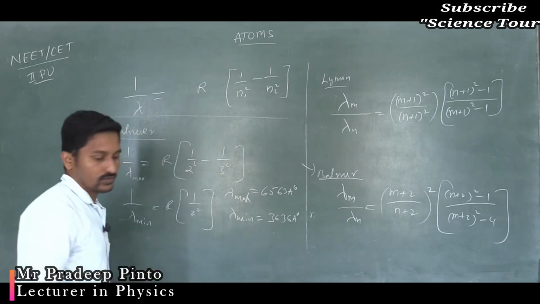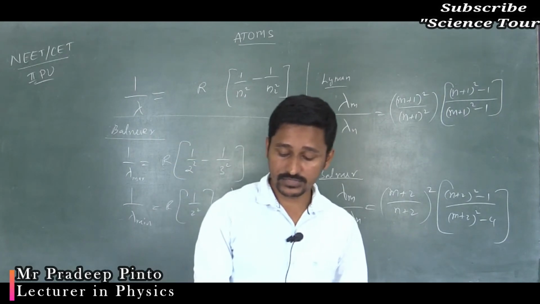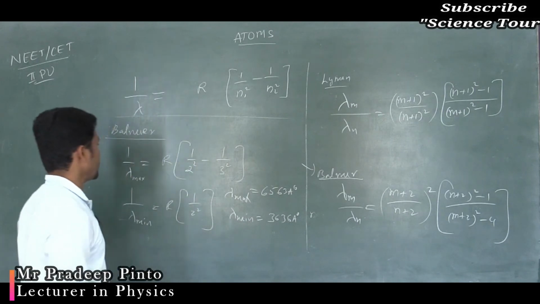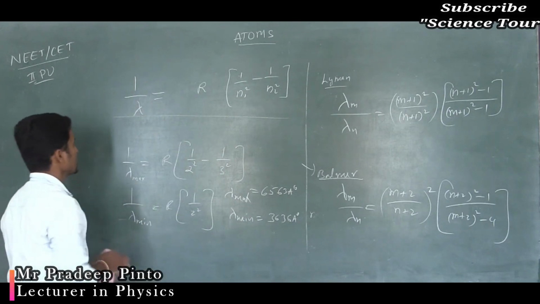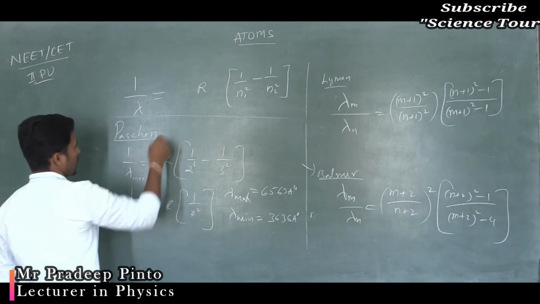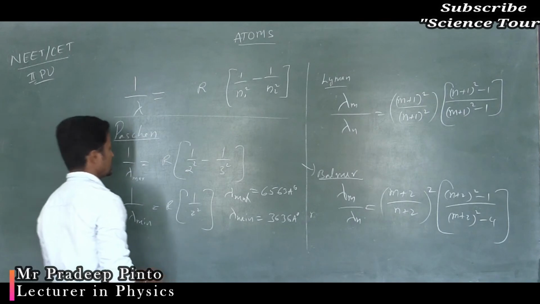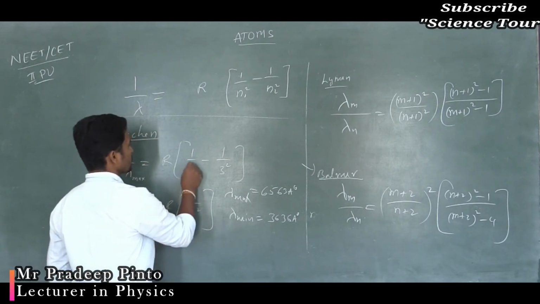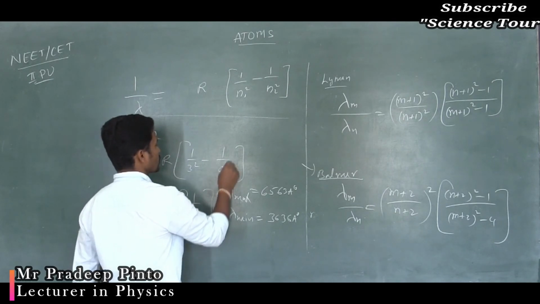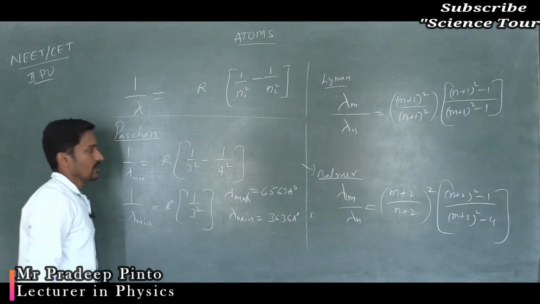When you solve the questions you are going to get clarity, and this Balmer series is in the visible region. Just again we are going to write down for the Paschen series. I think you can make out the formula for this. It is 3 square for the lambda maximum and it is 4 square, and here it is 3 square for the lambda minimum.